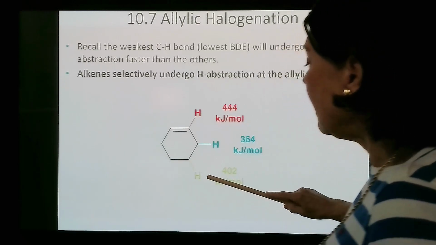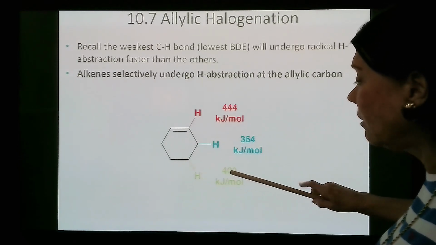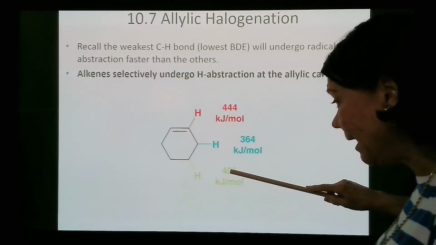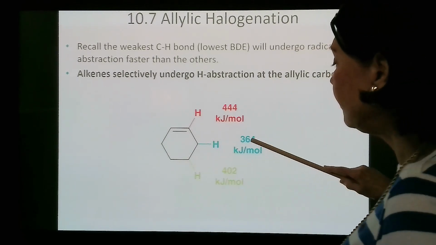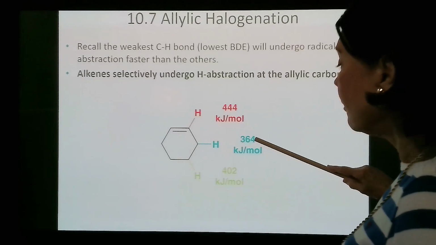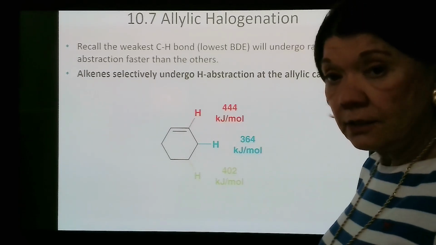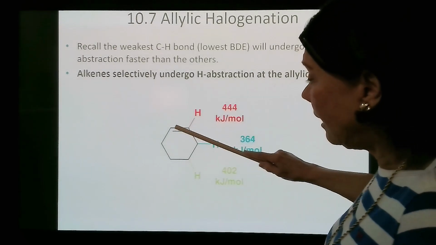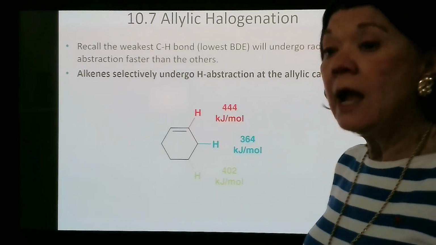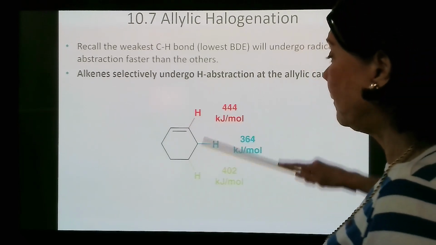So you can see, compared to the bond dissociation energy of the typical alkane hydrogen, the typical CH bond, the allylic position hydrogen has a much weaker bond. It has a lower bond dissociation energy because it gives rise to the allylic radical, which is much more stable.